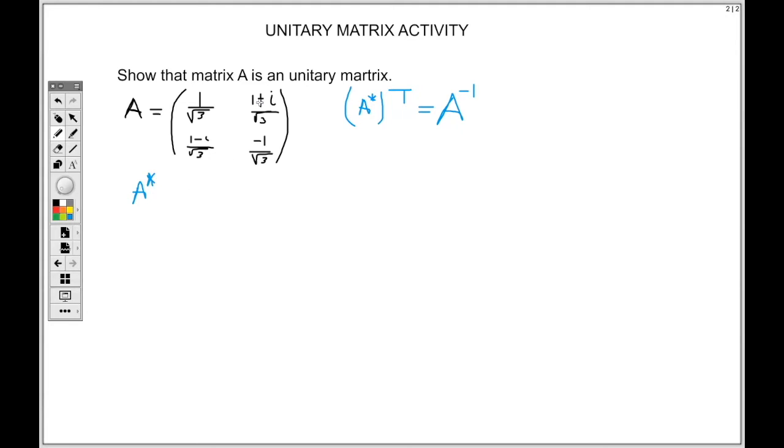Now, the conjugate means changing the sign of the imaginary part. So where I have plus and this minus, I will be changing it. But these are real because there is no i on it. So finding the conjugate, I will have just 1 over root 3 because this is a real number. There's no imaginary number.